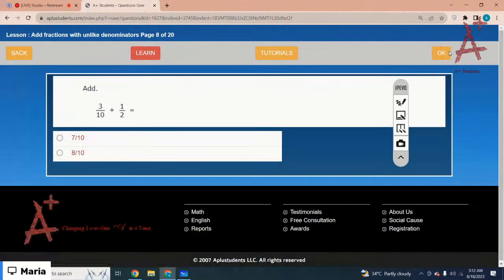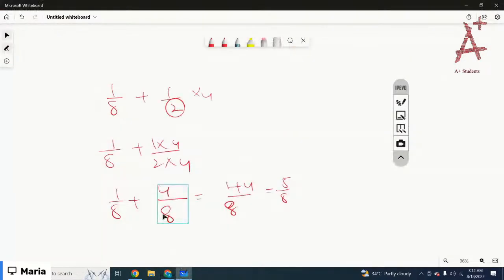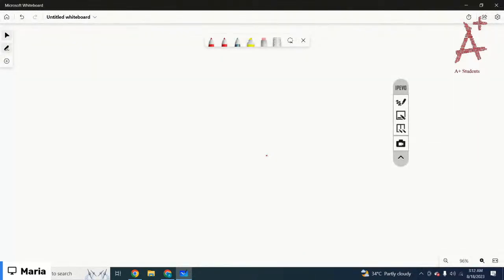The next one is 3 over 10 plus 1 over 2. Okay, so here you have 10. Here you have 2. 2 times 5 makes 10. So you have to multiply this fraction by 5.